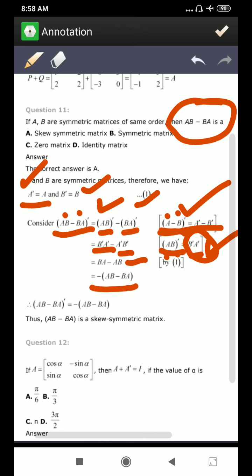Now you see we started with AB minus BA whole transpose, and we got it is equal to minus of AB minus BA. So it is negative of itself. If the transpose of a matrix is equal to negative of the matrix, then we say it is a skew symmetric matrix. So the answer of this question is skew symmetric matrix.